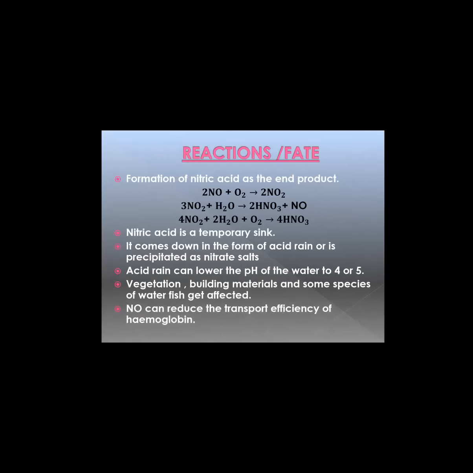Nitric oxide can also reduce the transport efficiency of hemoglobin. Now, here let me give you some detail about it. The oxygen which is present in our body will combine with hemoglobin, resulting in the formation of oxyhemoglobin.